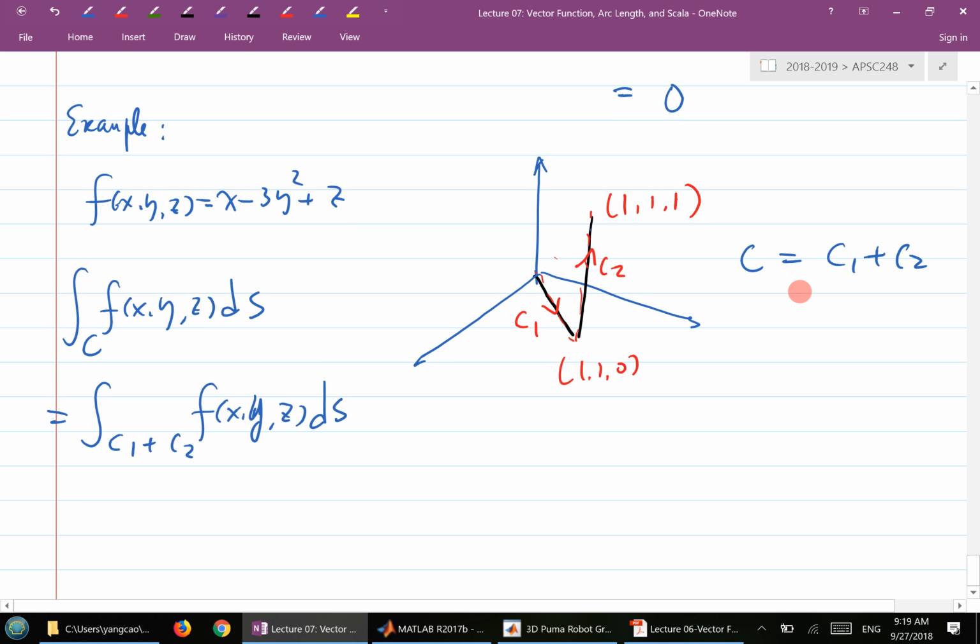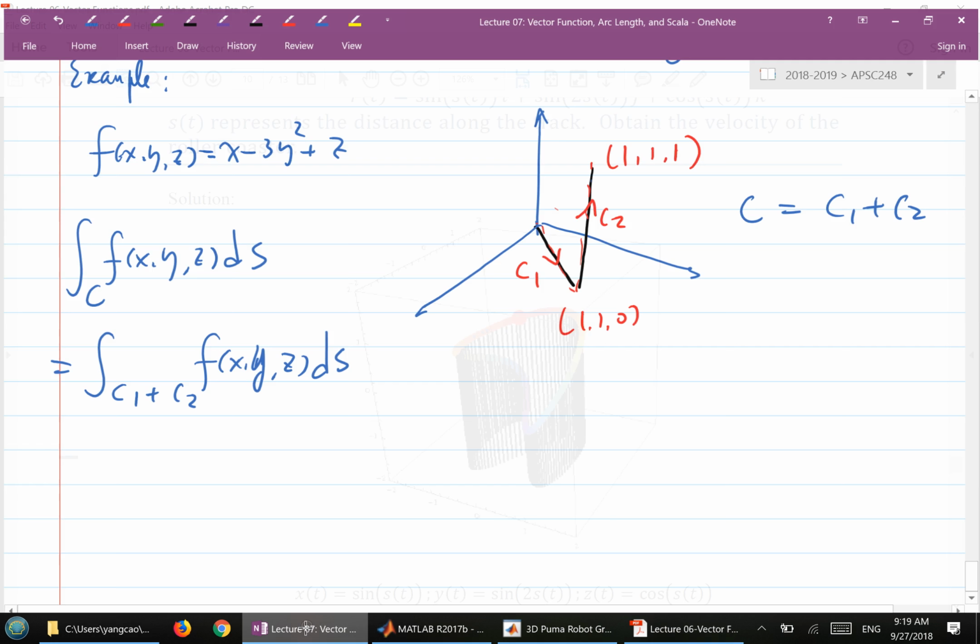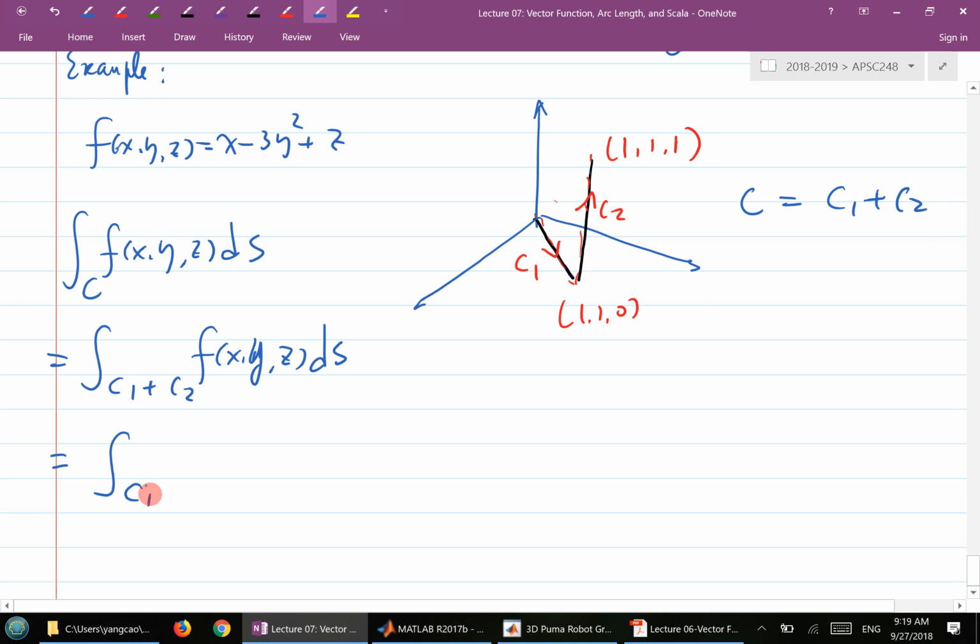Now back to your first year, if you recall, when you do integration, there is a concept called piecewise integral, right? So you can separate the integral into pieces if you're dealing with pieces. So here you have exactly the same kind of idea. You can integrate this using this so-called piecewise integral.